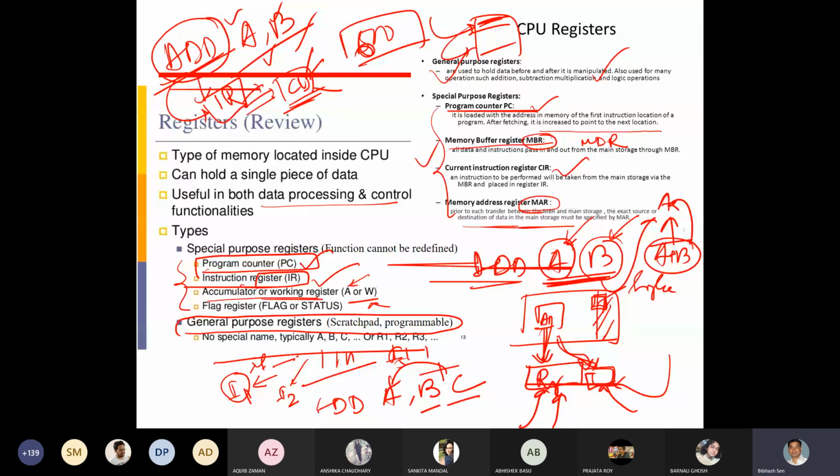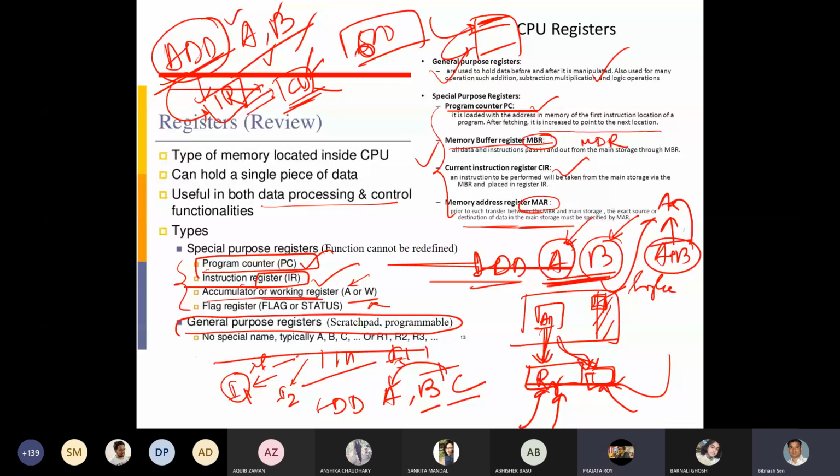In this way, for a single add instruction, multiple micro instructions will be executed. That will be studied in the control unit design. For the time being, the IR takes the instruction and decodes its meaning, and it will be performed accordingly. So the current instruction register always takes the current instruction to be executed via the MBR.